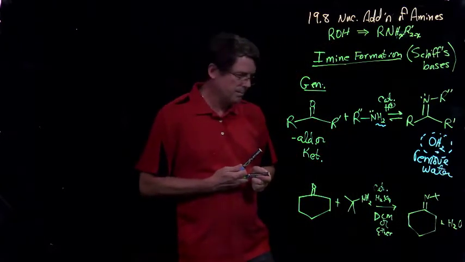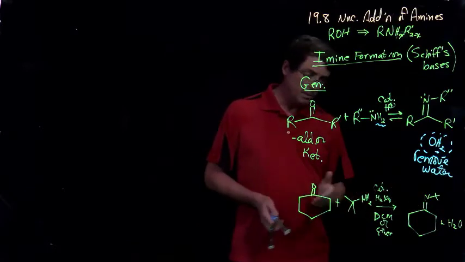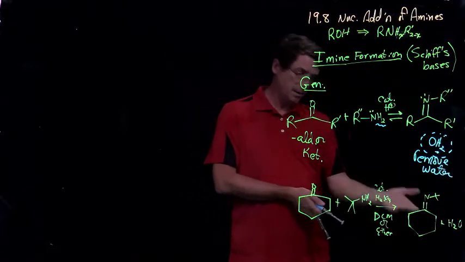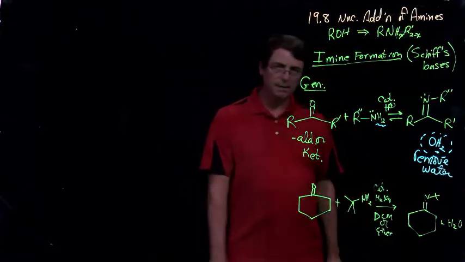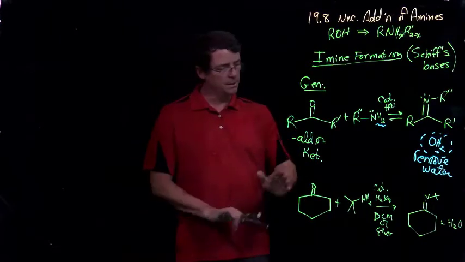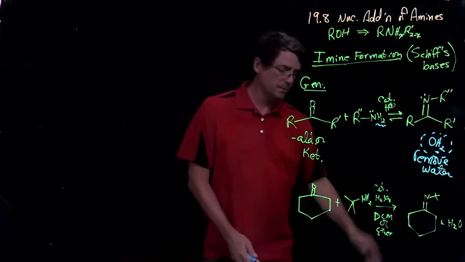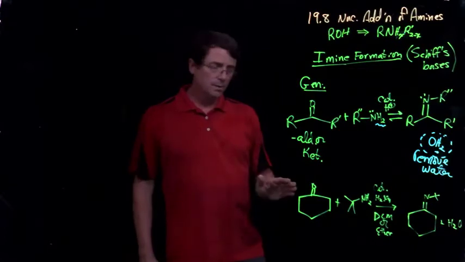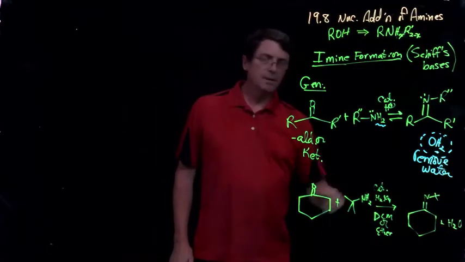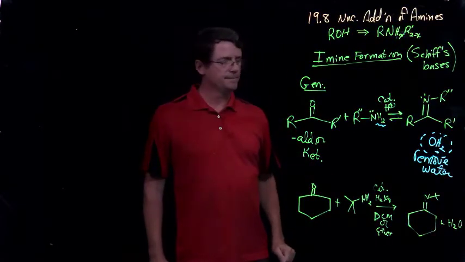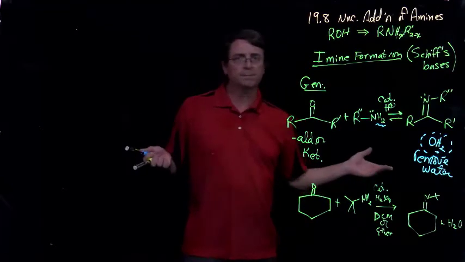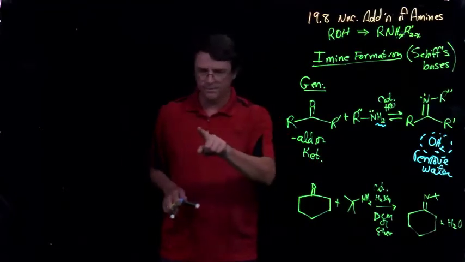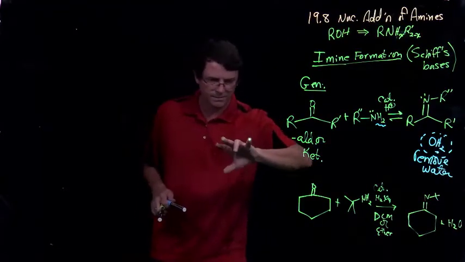So in terms of predicting products, remember we want to learn these reactions as predict the products. That's fundamentally different than the mechanism. I want you to understand the mechanisms and be able to reason with them. But if you have to work through the mechanism for every reaction that you're learning, it'd be like trying to figure out what 4 times 5 was every time. Well, it would be 5 plus 5 plus 5 plus 5.